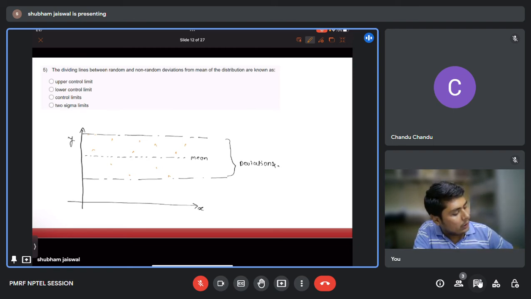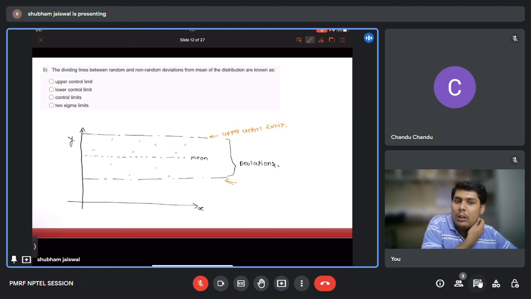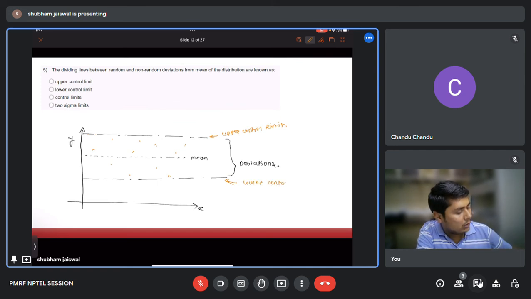So it is controlling the upper control limit. Similarly, this is on the negative side of the mean, so less than the mean. So this will be nothing but the lower control limit. And what they are saying, the dividing lines between random and non-random deviation from the mean of the distribution are known as, so this will be our control limit.